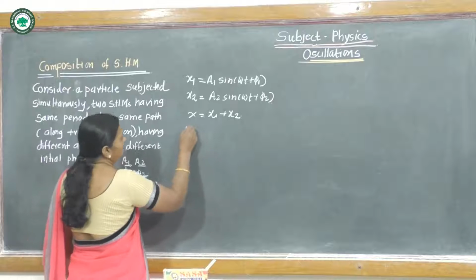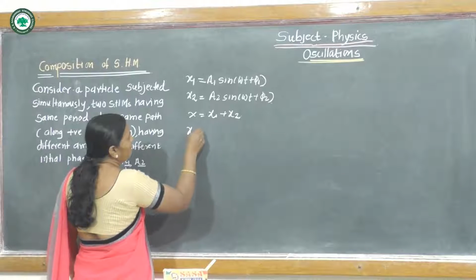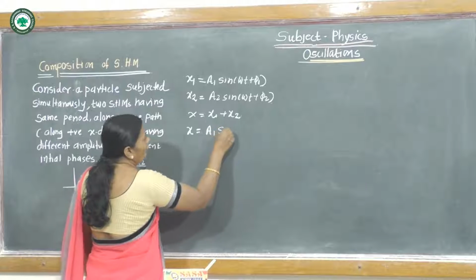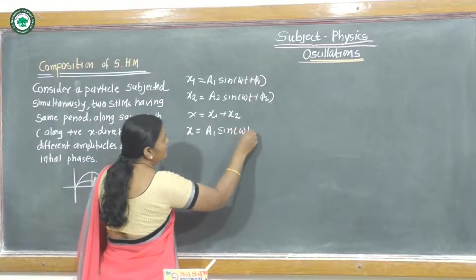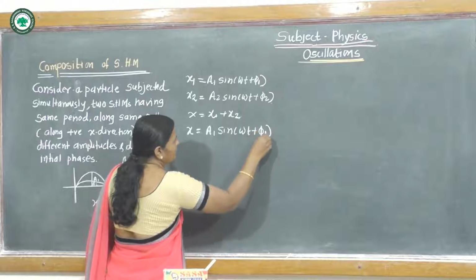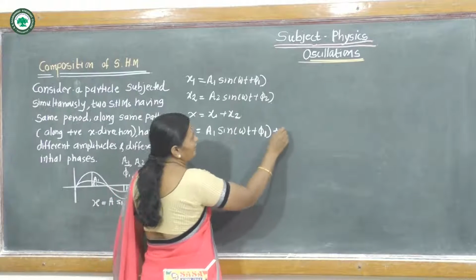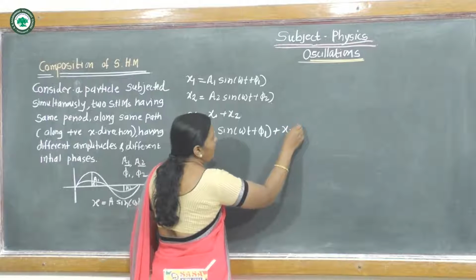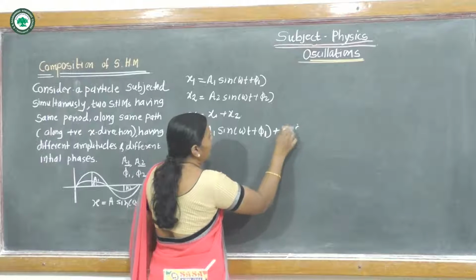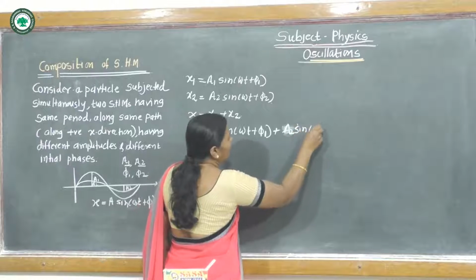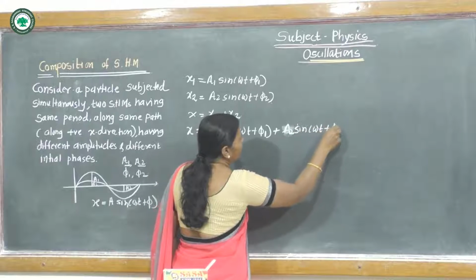Now substitute the value of x: x equals A1 sin(omega t plus phi 1) plus the other simple harmonic motion with displacement x2, that is A2 sin(omega t plus phi 2).